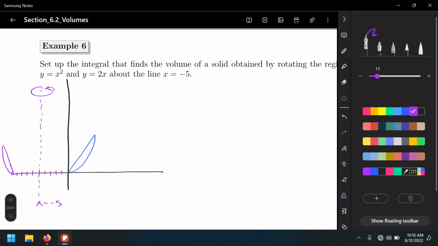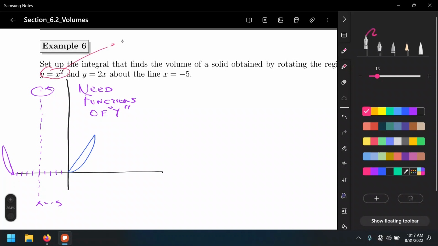Okay? Well, in this case, because we have an axis of revolution that is vertical this time, we need functions of y, not functions of x like we did in the other examples. So we can solve the two equations for x to get functions of y in each case.